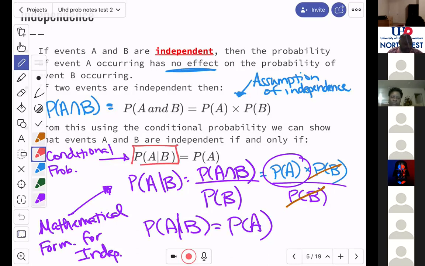And when I get a conditional probability, it has to equal what is called a marginal probability. So the conditional probability should equal the marginal probability if two things are independent. So let's test this with a different example.